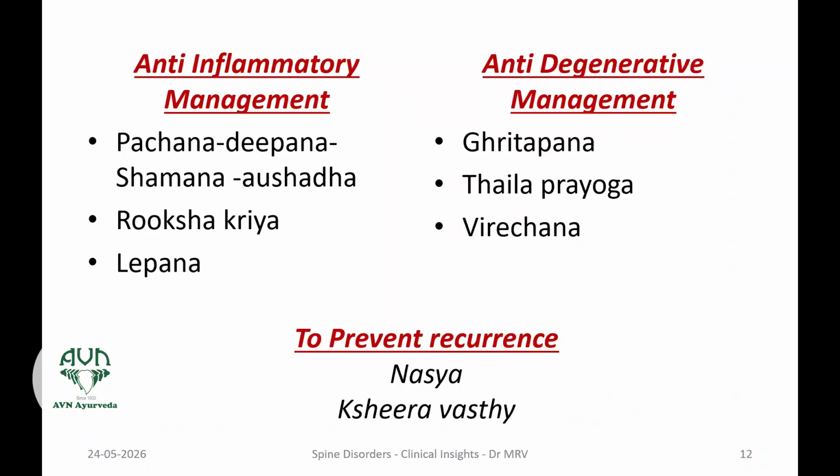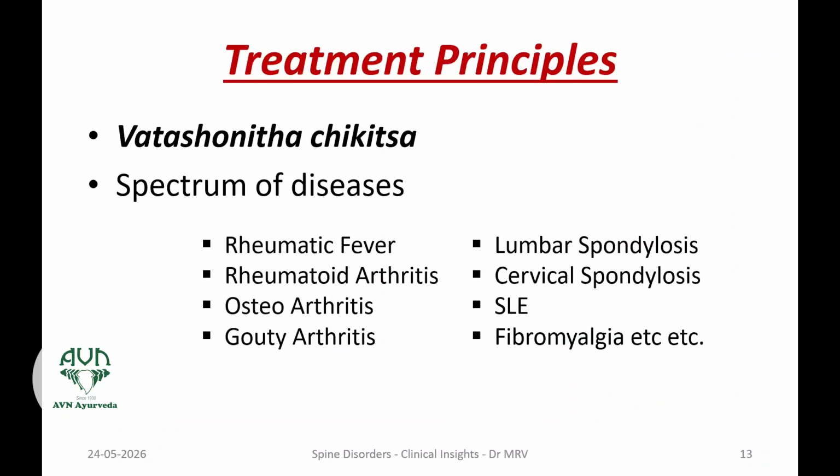Actually, in cervical spondylosis and lumbar spondylosis, we can adopt the Vata Shonita line of management. Because Vata Shonita is not a single disease, it is a spectrum of diseases. It is a group of diseases including rheumatic fever, rheumatoid arthritis, lumbar spondylosis, SLE, and fibromyalgia.